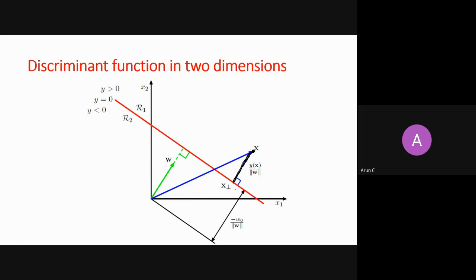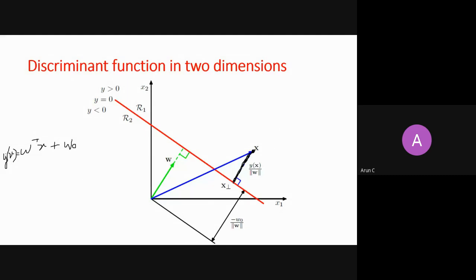So the equation of the hyperplane was W transpose x plus W0, which I am representing by y of x, right?